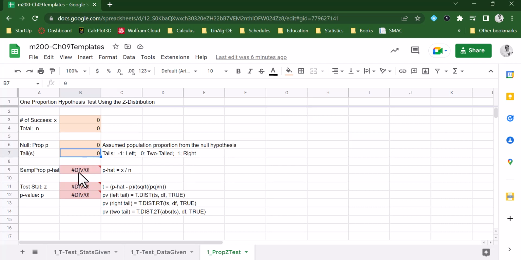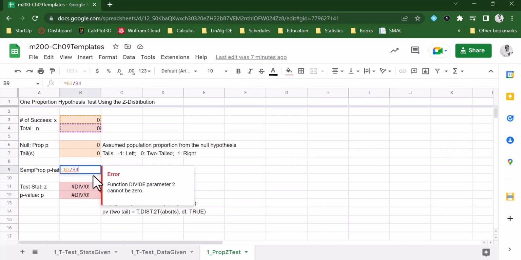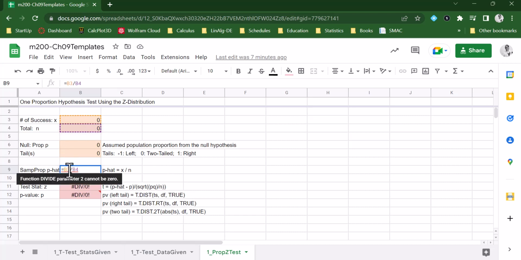Along the process, we will need to figure out what p hat is, and that's the value of x divided by n. Right now it's giving us a 0, and an error because we're dividing by 0 at the moment, but we'll change that.